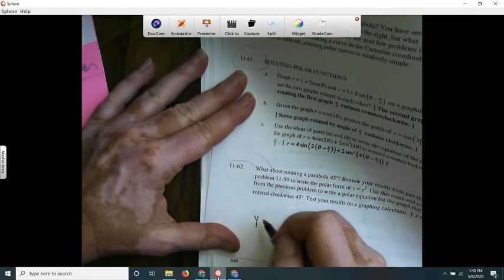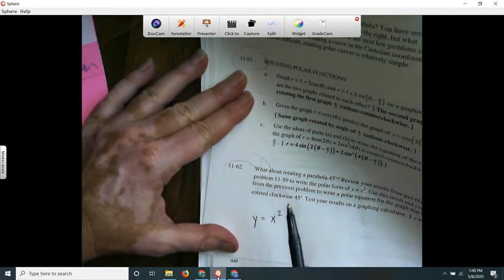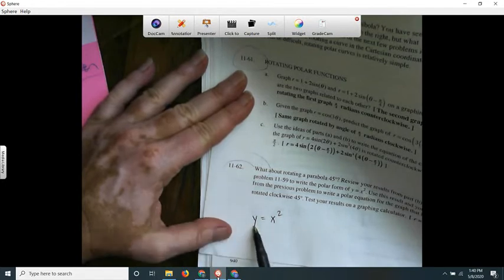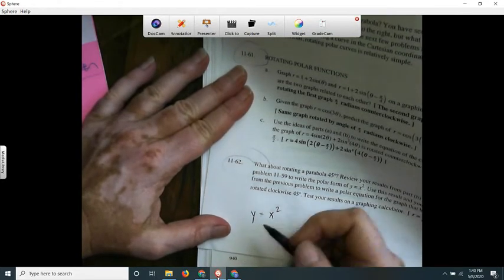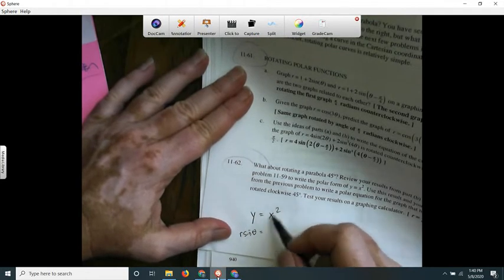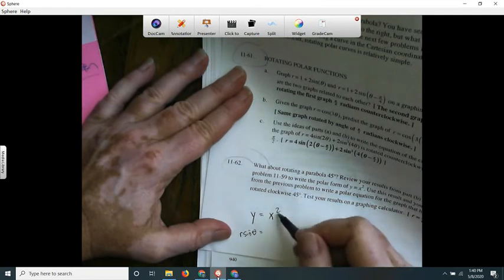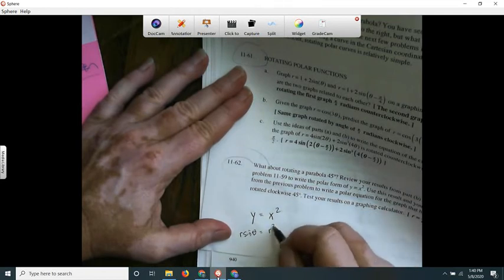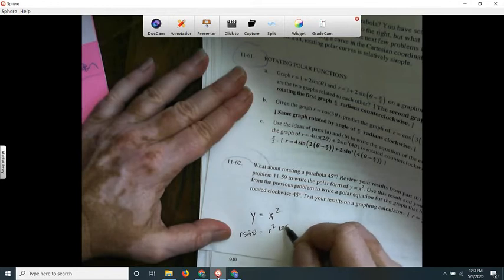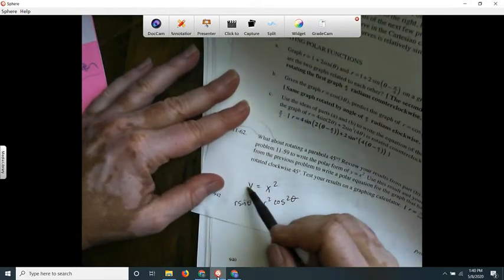So y equals x squared. That's a parabola, right? y is equal to r sine theta, and x is equal to r cosine theta. Okay, so I'm just plugging in things that I know.